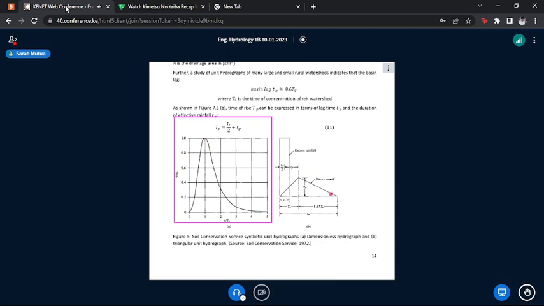And from this relationship, we start from here to part B, the dimensionless unit hydrograph that is of interest to us. So that is what we'll be looking at, trying to relate the parameters in part A with the parameters in part B.